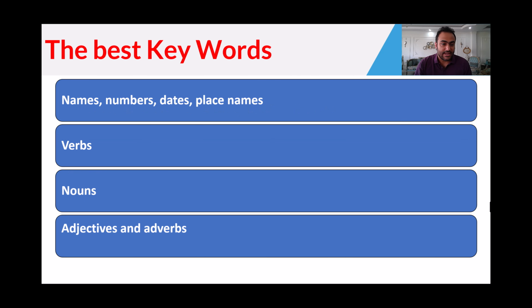Then later we can have adjectives and adverbs. But sometimes these parts of speech, like verbs, nouns, adjectives, and adverbs, can be paraphrased and the part of speech can be changed. For example, a verb might be changed into a noun or a noun can be changed into a verb. Adjectives also can be changed into paraphrases.